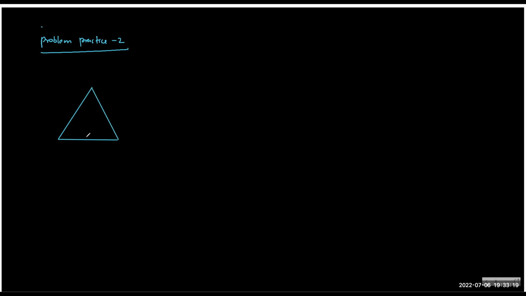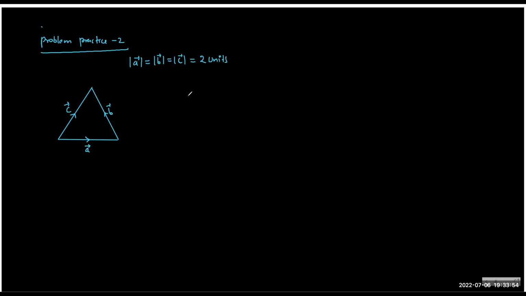Whether I call this A, and this B, let's say mod of A, mod of B, mod of C are all equal. So it must be an equilateral triangle, right? Without saying anything, you can understand that the triangle must be equilateral because only in an equilateral triangle the sides are equal. That's logical. Okay. Let's say the value is 2 units.